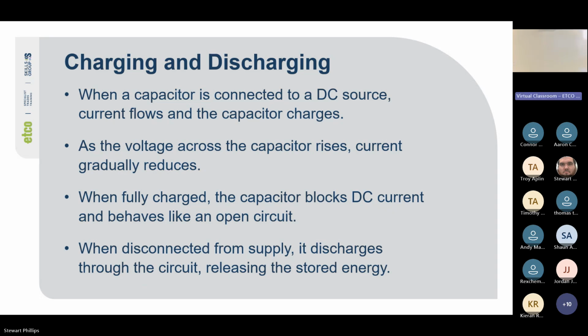Cool. So we've talked about charging and discharging, talked about how it's built and what capacitance is. But what's the other key factor for a capacitor? Can someone guess what another key factor might be that we want to look at next?